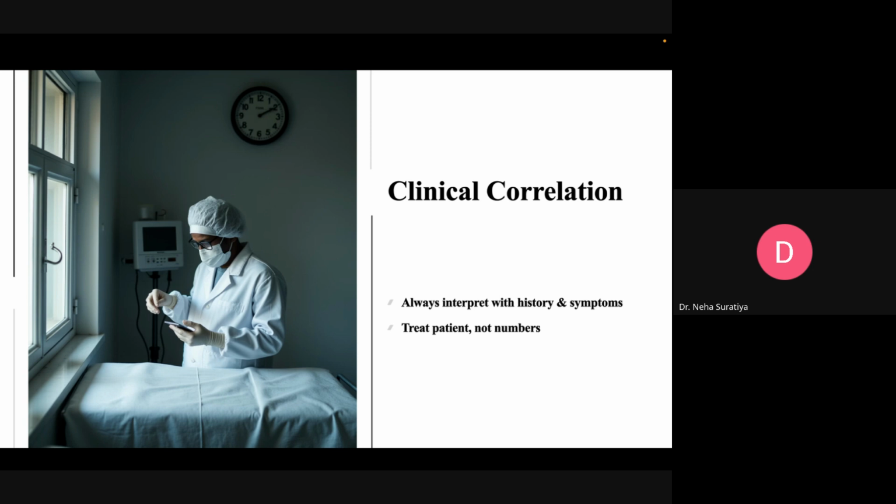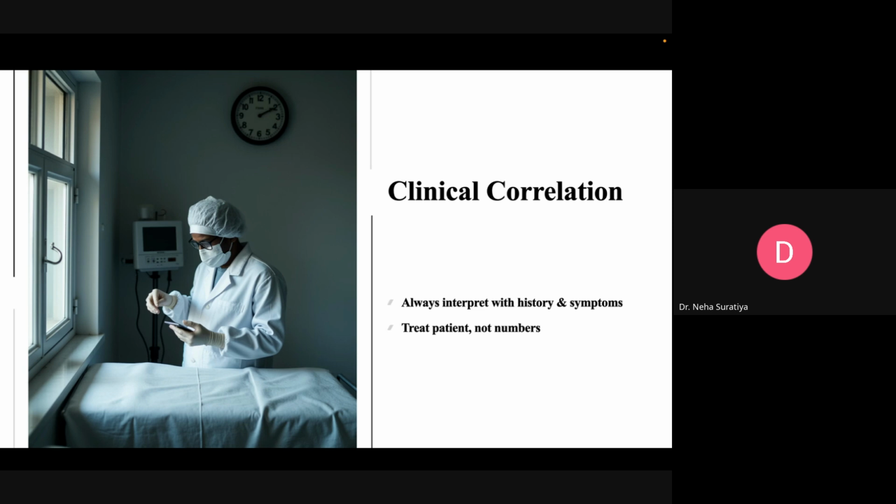You need to understand their whole symptoms and history. And does the lab value make sense in that context or not? That is a very important question. By the end of this course, you will be able to understand very clearly how to solve these three questions. So this is the clinical correlation.